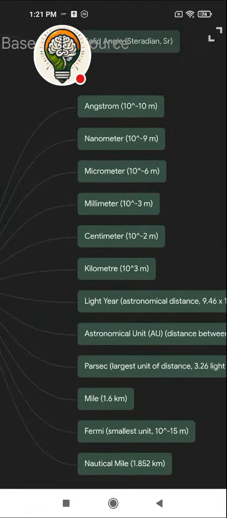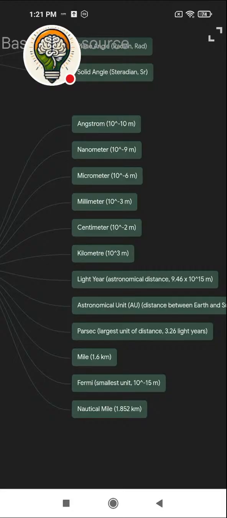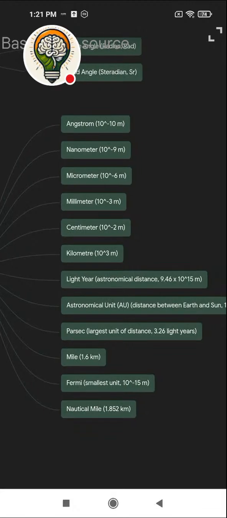Measurement of length. So Angstrom is 10 power minus 10, nanometer 10 power minus 9, micrometer 10 power minus 6, millimeter 10 power minus 3, centimeter 10 power minus 2, kilometer 10 power 3, and light year, an astronomical distance, is 9.46 into 10 power 15.